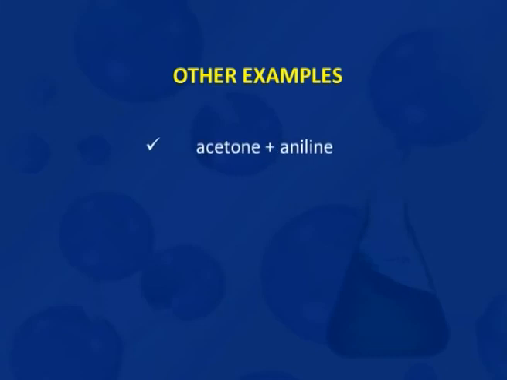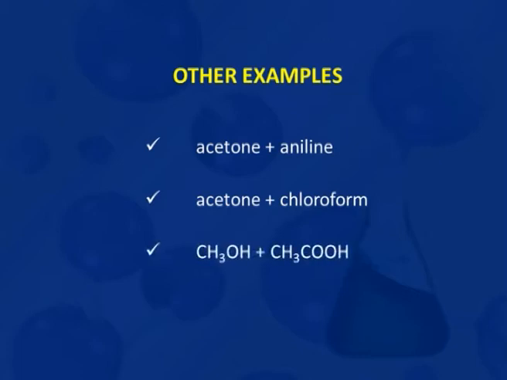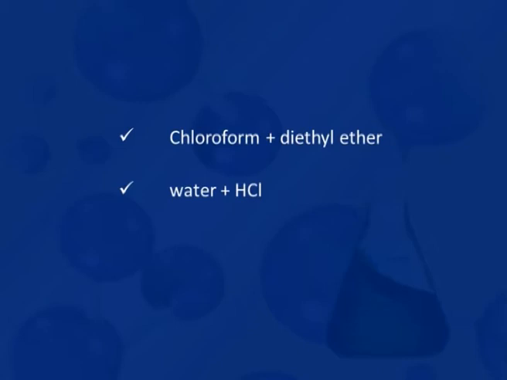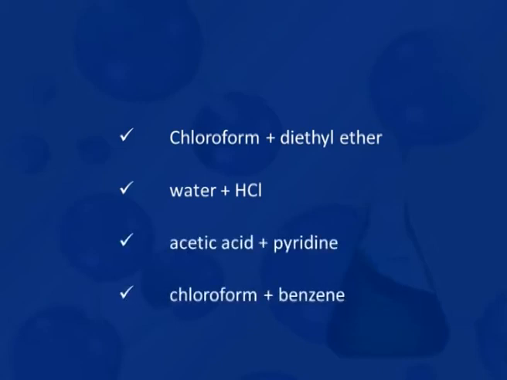Some examples of this type of non-ideal solutions are acetone and aniline, acetone and chloroform, methanol and acetic acid, water and nitric acid, chloroform and diethyl ether, water and HCl, acetic acid and pyridine, chloroform and benzene.